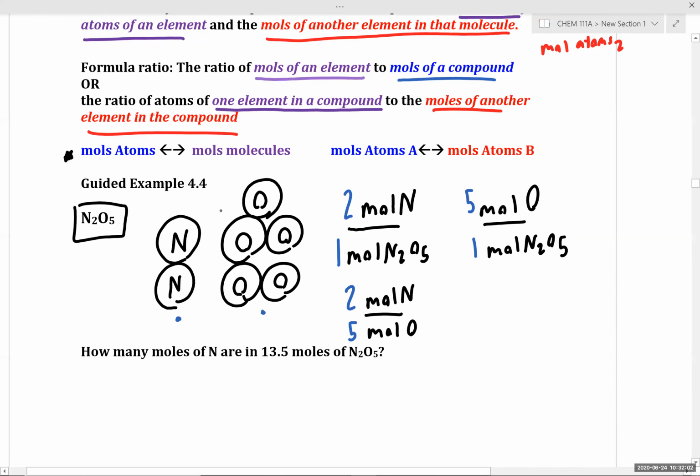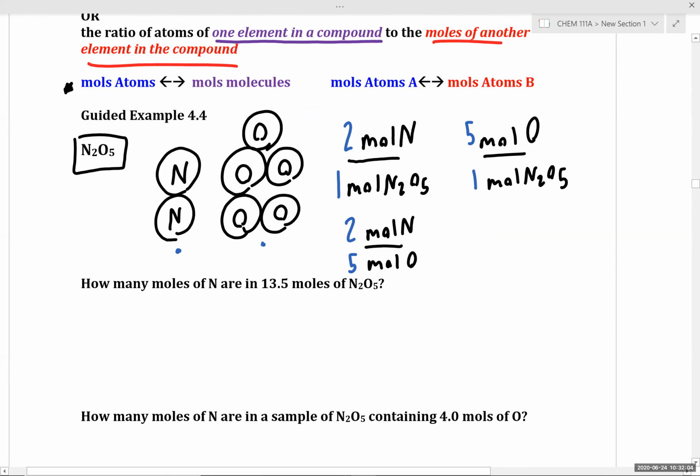So now, with this idea in mind, let's answer the question, how many moles of nitrogen are in 13.5 moles of N2O5? Well, first and foremost, we're going from moles of N2O5 to moles of nitrogen.